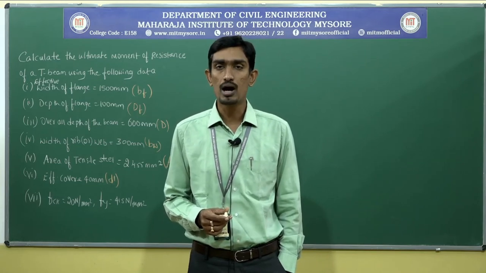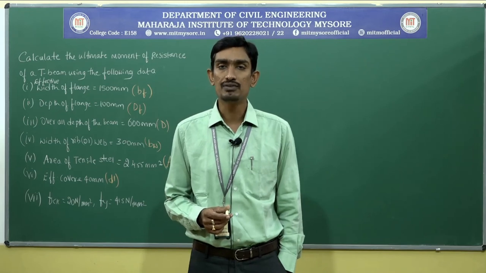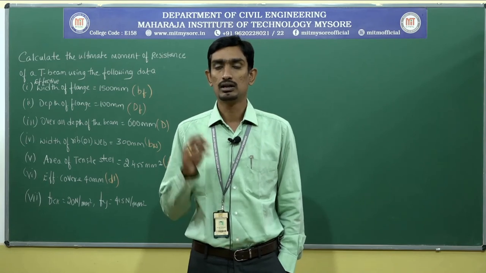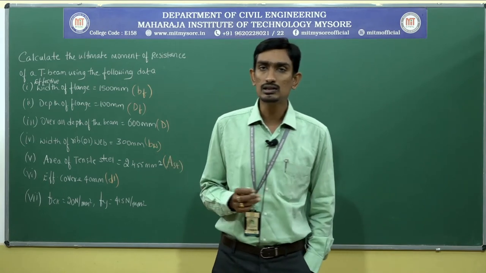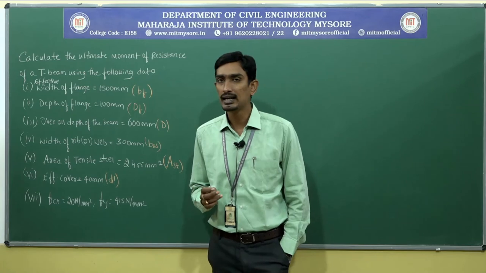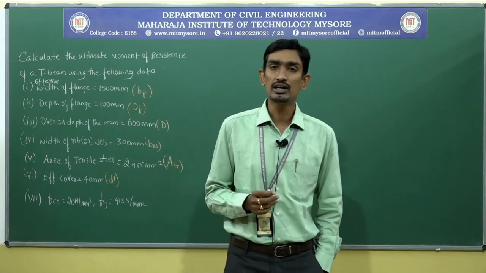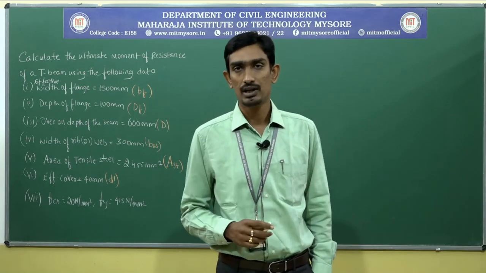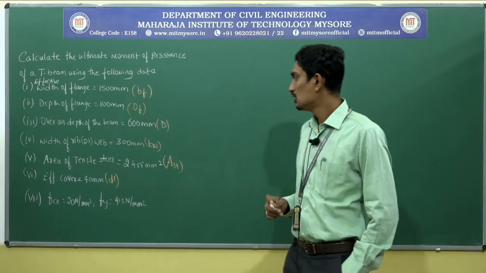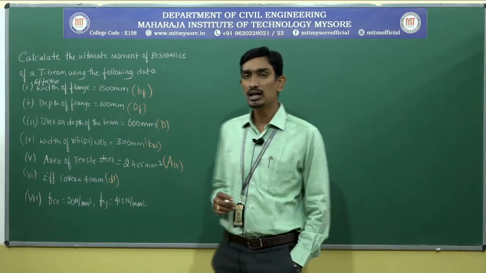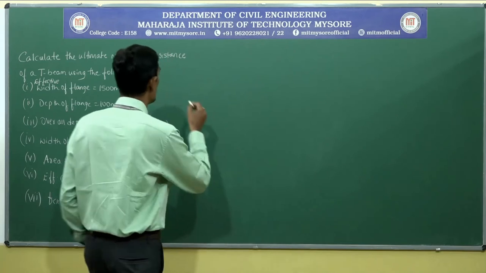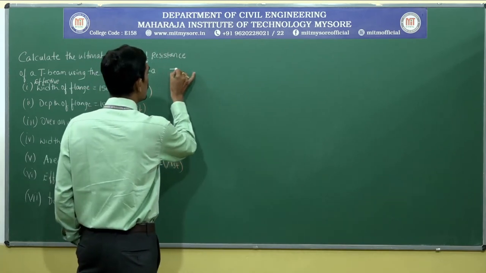In the last two problems we solved that case, how to arrive at the effective width of a flange when it is not given. But in this problem, they have directly given the effective width of a flange. Is it clear? Fine.